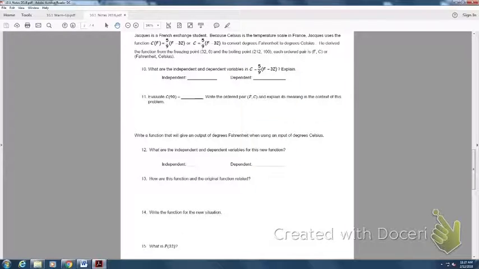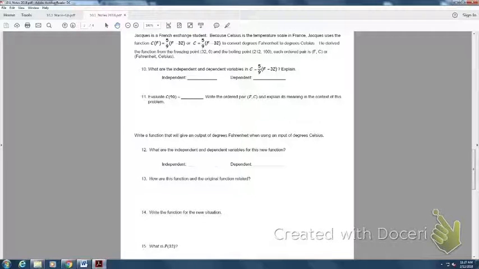Ty, will you read that problem for us? A French exchange student, because Celsius is the temperature scale in France, Jacques uses the function C of F equals 5 ninths (F minus 32) to convert Fahrenheit to degrees Celsius.